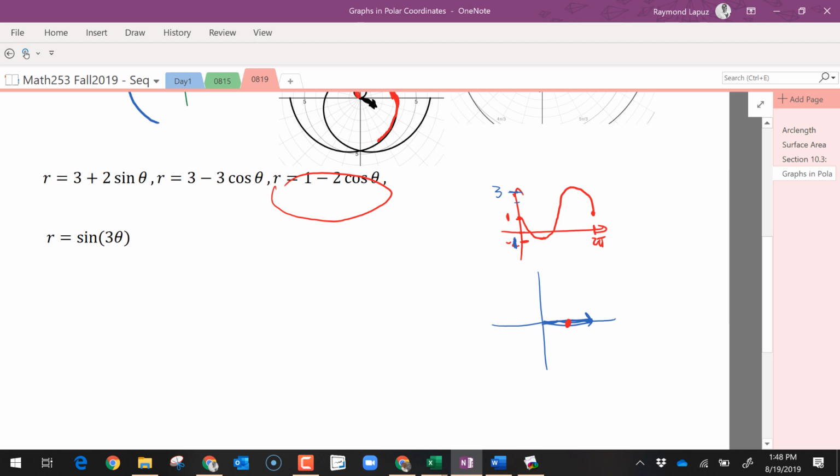And then by the time I get to pi over 2, I go negative for some reason. And so there's some angle here where your R goes to 0 and goes negative. And so what's going to happen is that it's going to do something like this, and then will become negative after that. So it becomes negative down here, and then it has a value of -1.